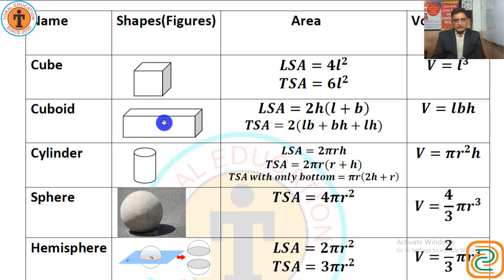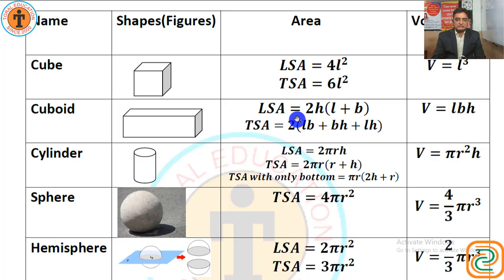Here is the cuboid. Cuboid is in this shape. So if we want to take LSA, LSA means area of 4 sides, not including these 2 sides. LSA is 2H into bracket L plus B, or we can say perimeter of a rectangle into height.